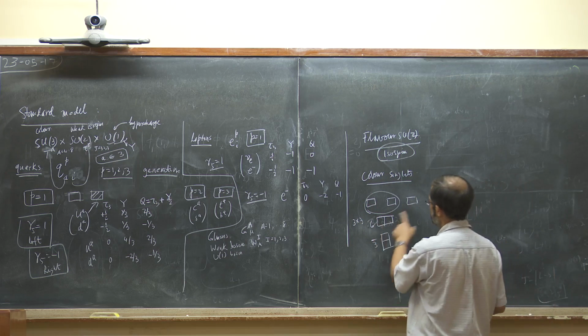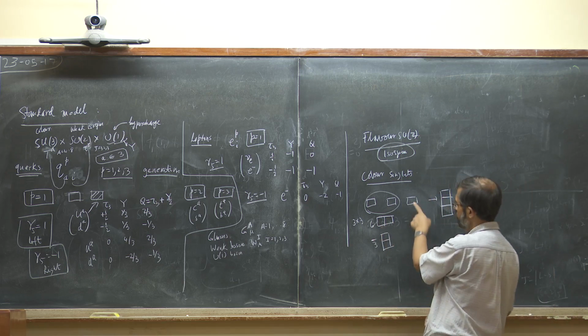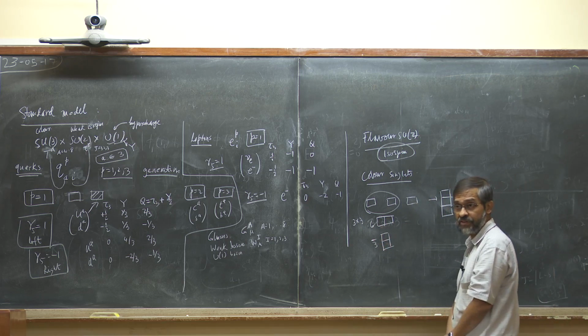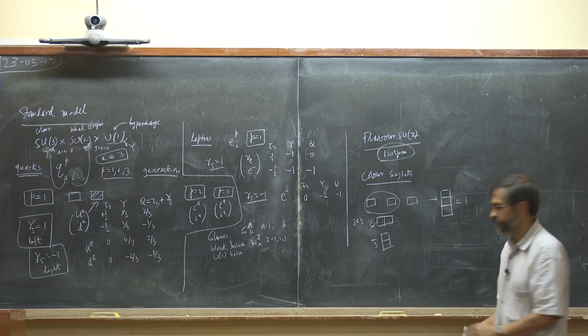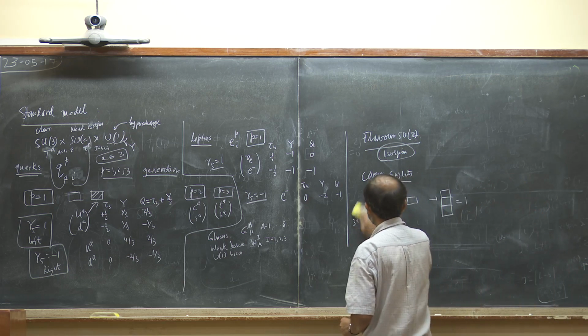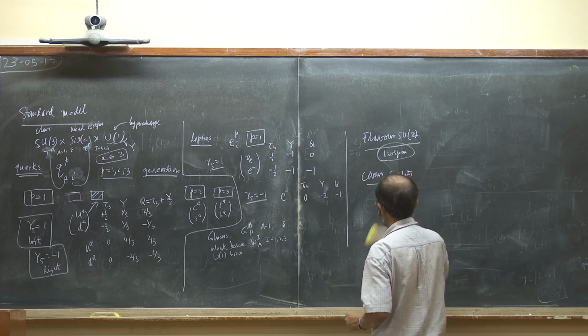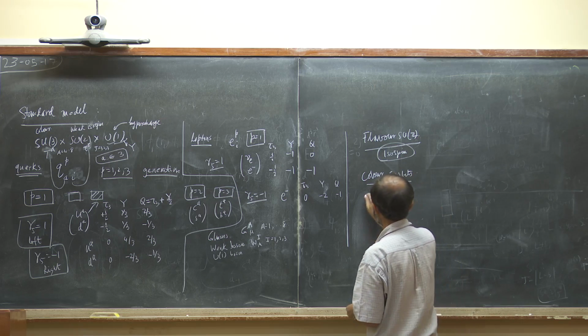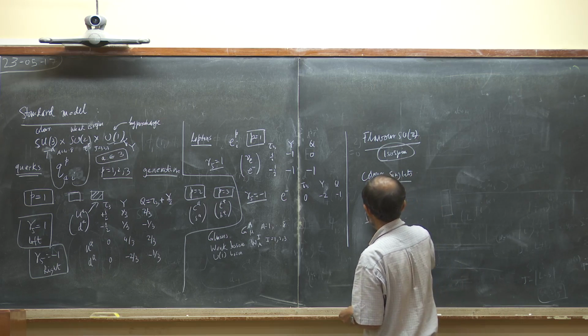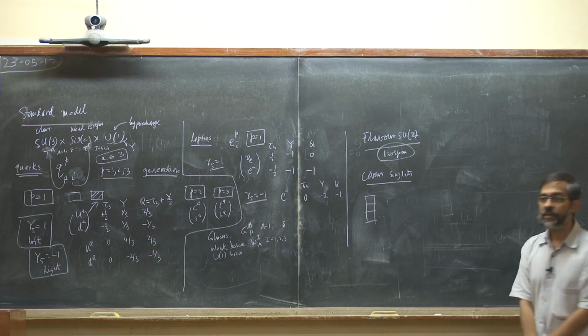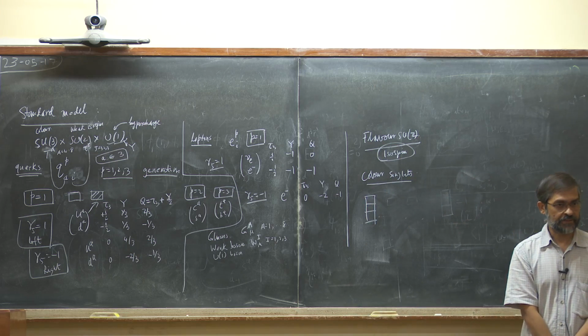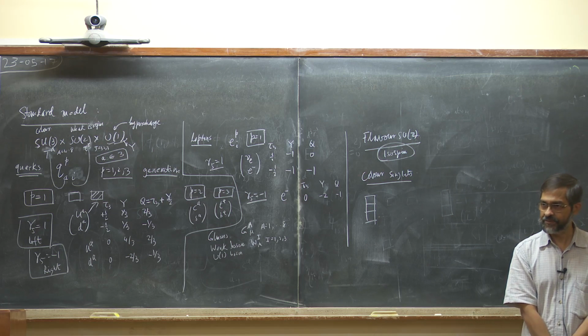Now I have another 3 coming in, so clearly 3 bar cross 3 has a singlet in it, so we are done. Therefore 3 cross 3 cross 3 antisymmetric is a color singlet. These things are called baryons.